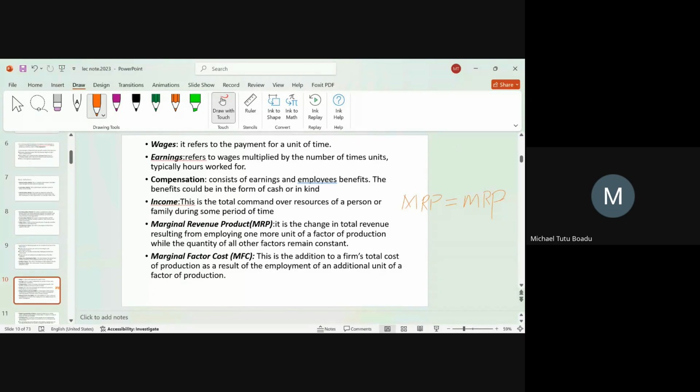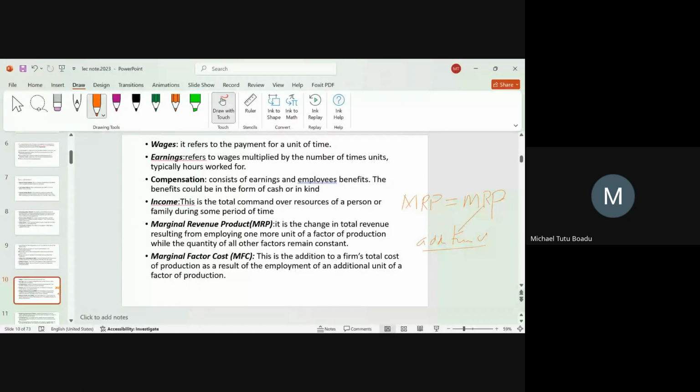What this means is that the marginal revenue is the additional revenue that you are going to raise from an additional output sale.